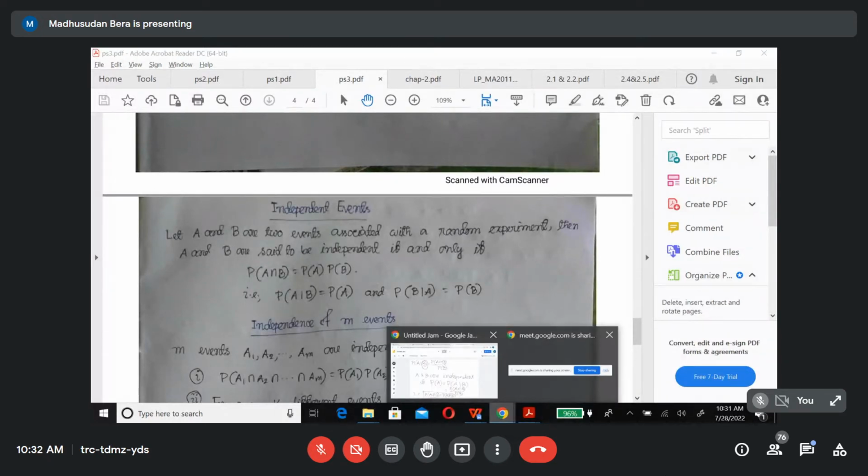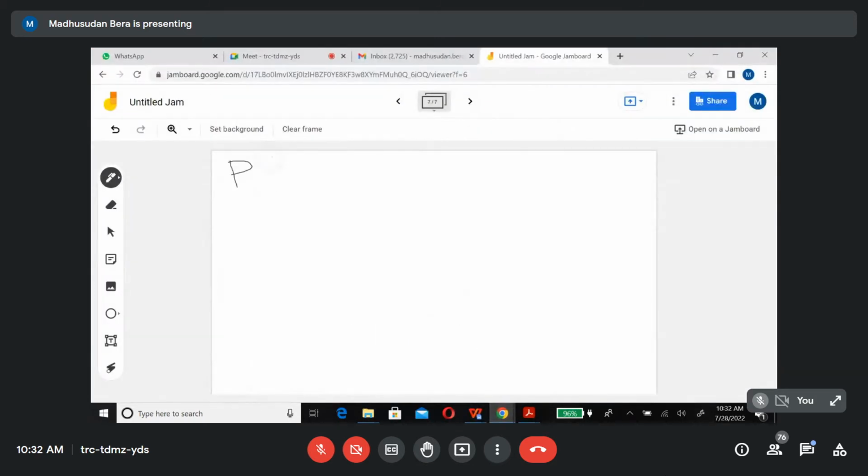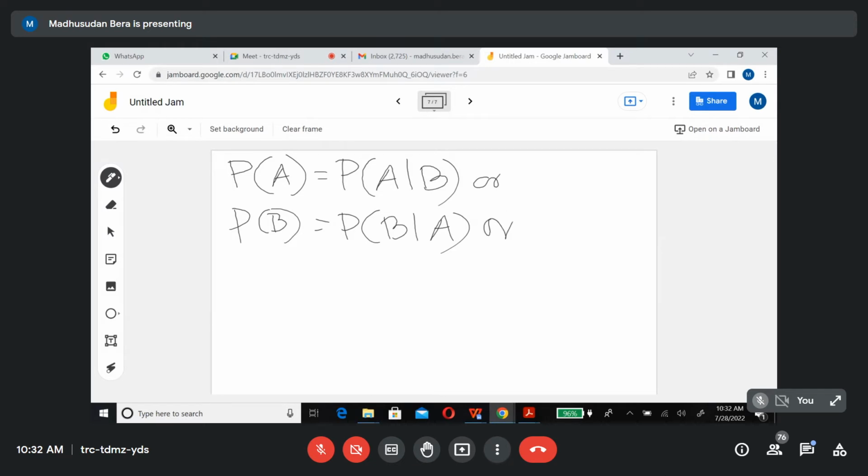So on independence, we will prove many things. So if A is independent, P of A is the same as P of A given B, so it does not depend on B. Or P of B is the same as P of B given A. And the same thing as P of A intersection B is PA into PB.